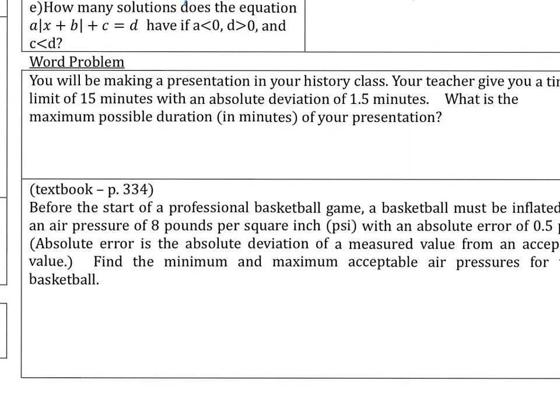Part E, how many solutions does the equation have given these conditions? So the first thing you have to do is solve this absolute value equation. So the absolute value of x plus b would equal (d minus c) over a. And here it says a is negative, d is positive, and c is less than d.